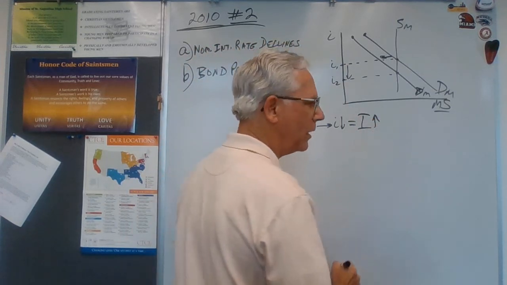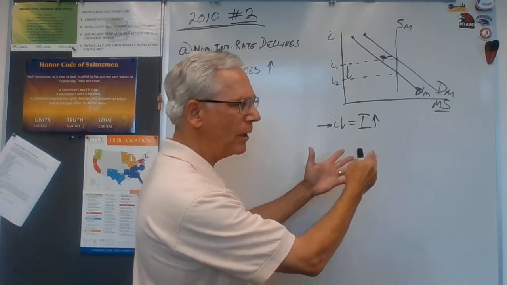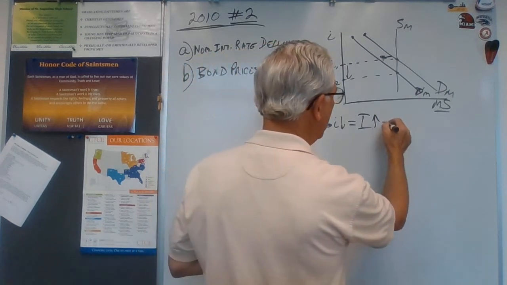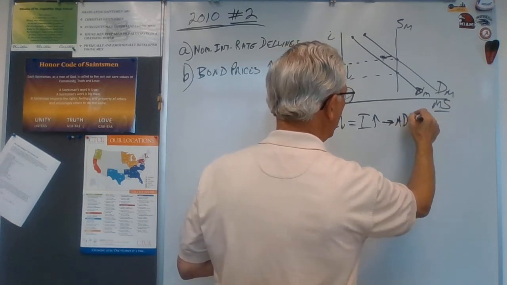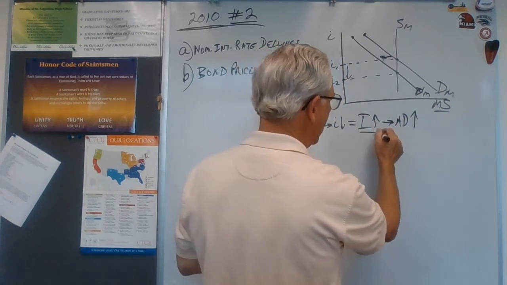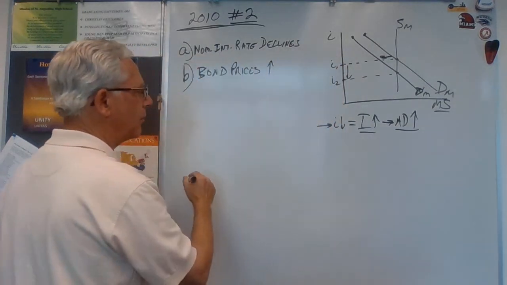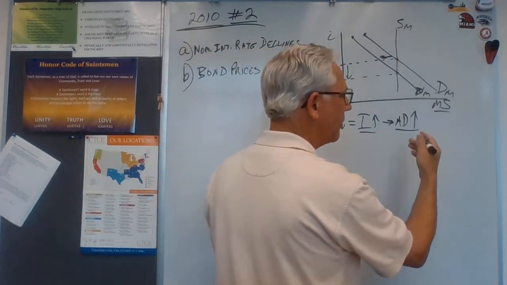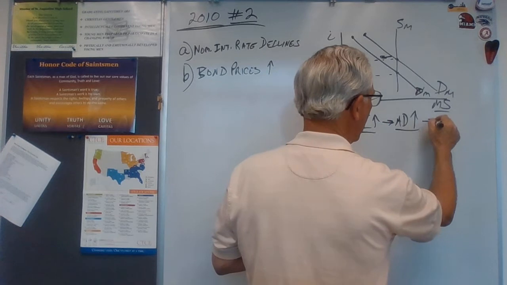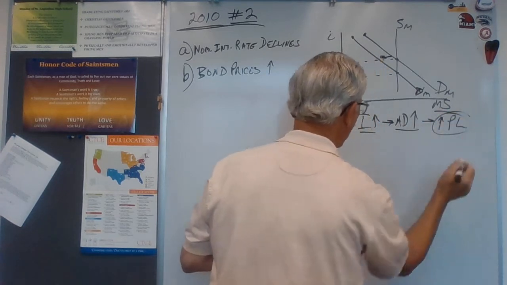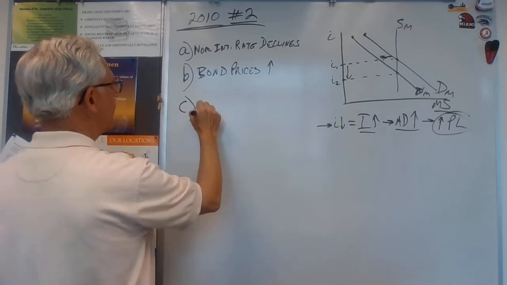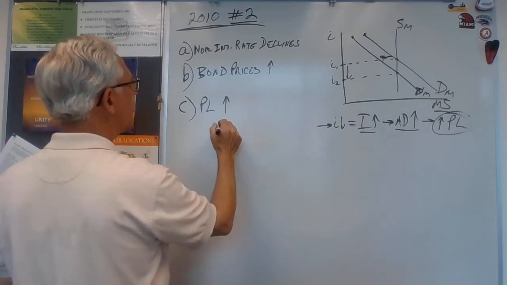Investment spending will increase. Investment spending is a component of GDP. That's going to lead to an increase in aggregate demand. If aggregate demand shifts to the right, that's going to lead to an increase in the price level. And that's what we're trying to get at, okay? So part C, price level increases.